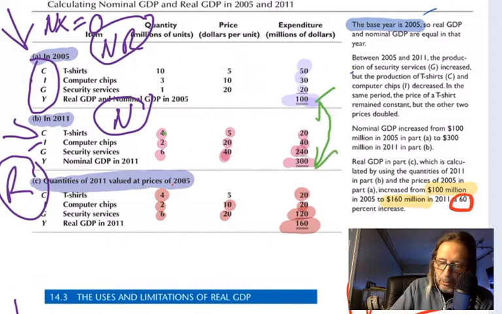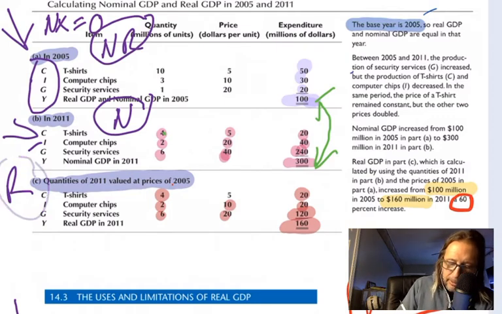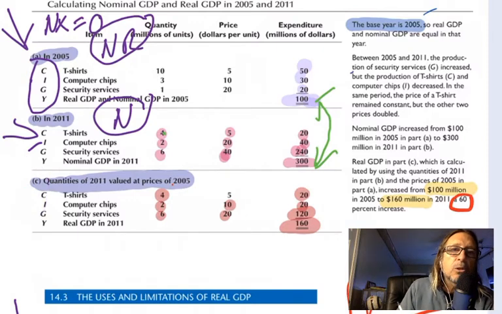So if you look down to our third example, this is going to be the real GDP. It's going to be 2011 quantities valued at 2005 prices. So in this setup, we have 4 t-shirts. We have the same number, right? Everything's the same. If you notice, it's 4, 2, and 6. That was the same as here.